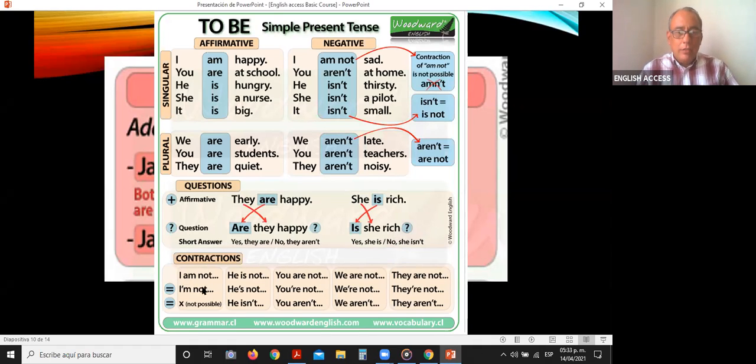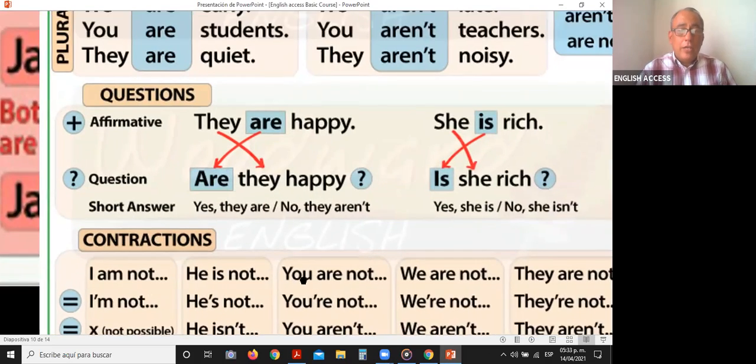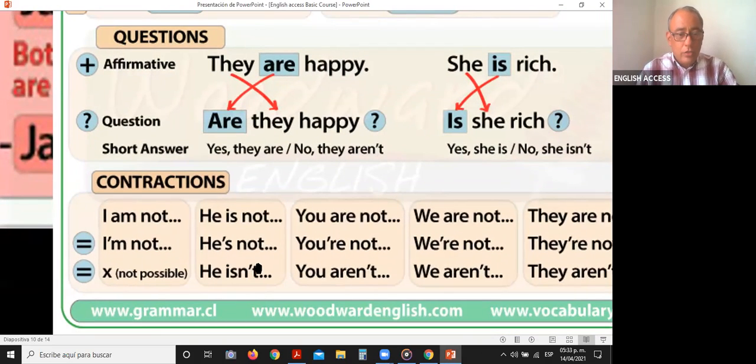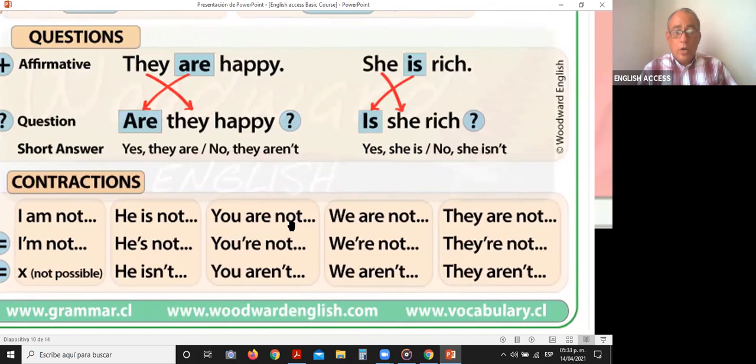I am not, I'm not. He is not, you can make a contraction, he's not, or he isn't. With you, you are not, you're not, or you aren't. It is possible to have three ways to answer in the negative.